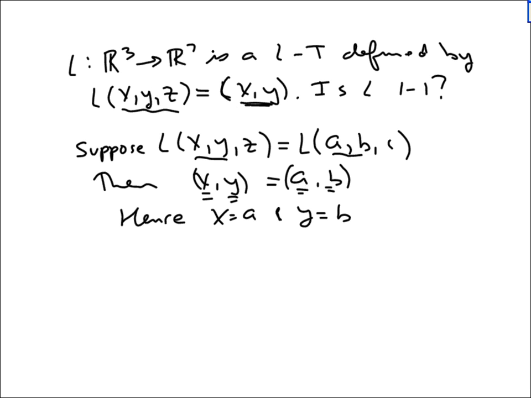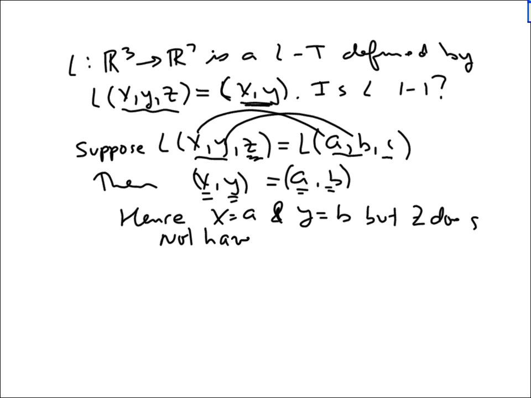But that's not enough. We have x and a are equal and y and b are equal, but we never concluded that z equals c. It can, but it also cannot. z does not have to equal c.